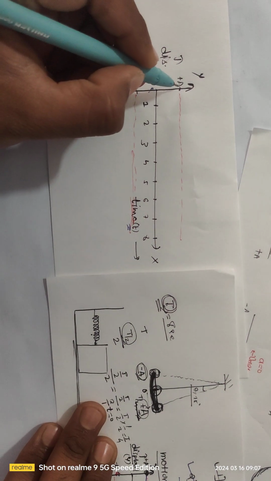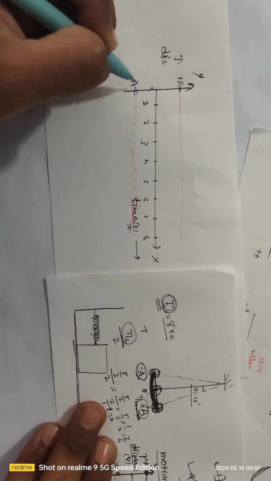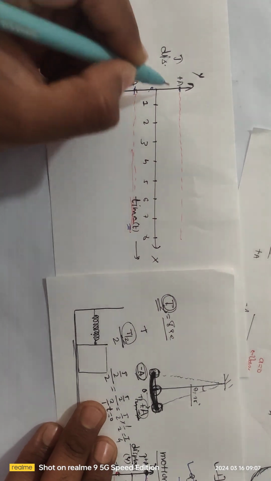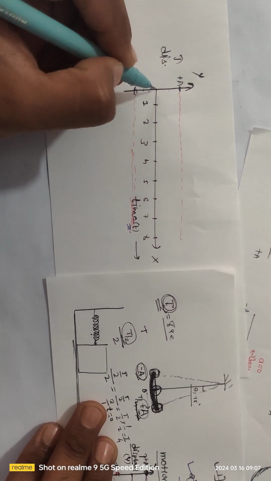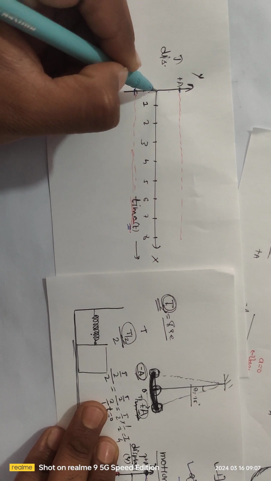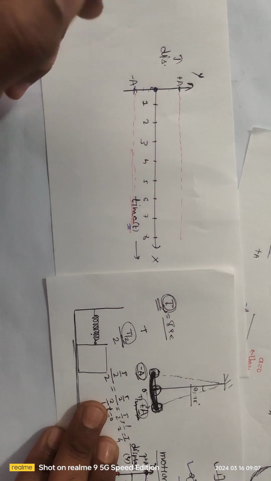Equilibrium position means neither extremum nor extremum in the opposite direction, nor in between, but at the origin only. So our motion will start from this point, so the first position of the particle is at this.